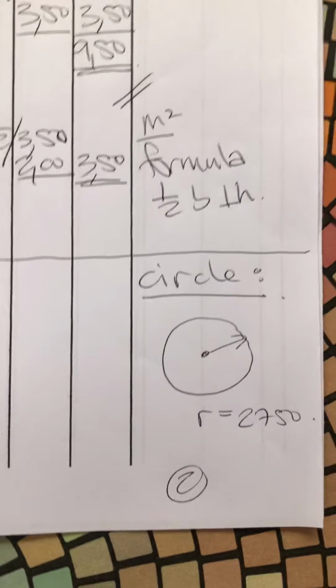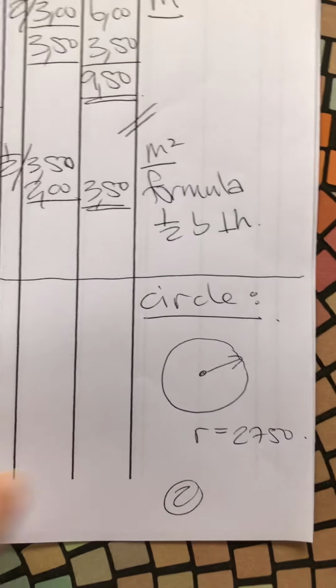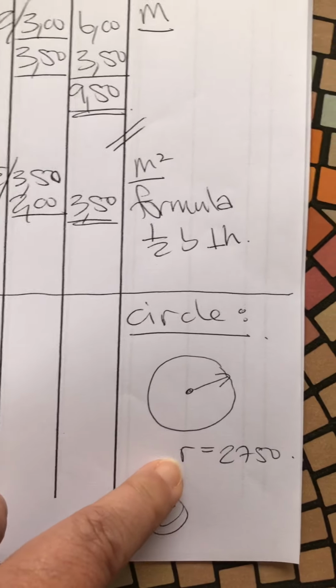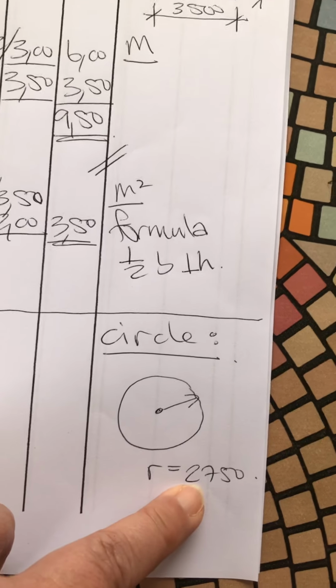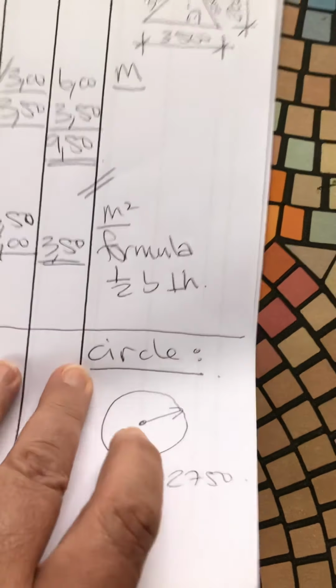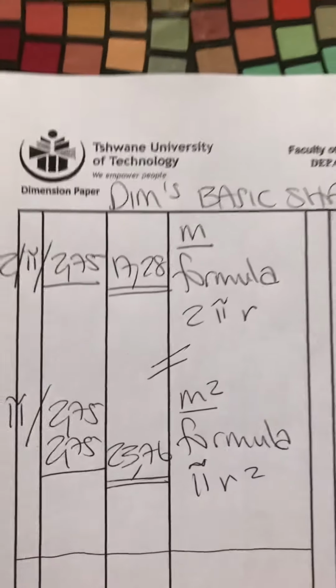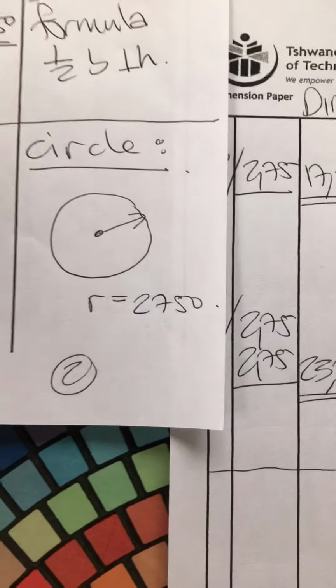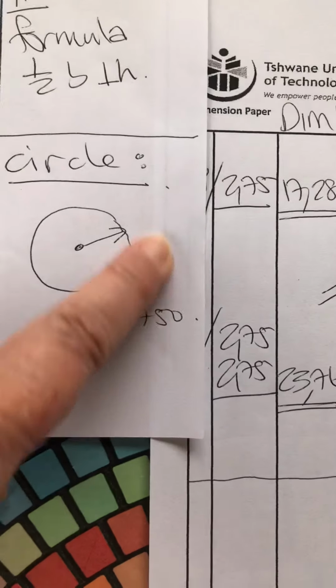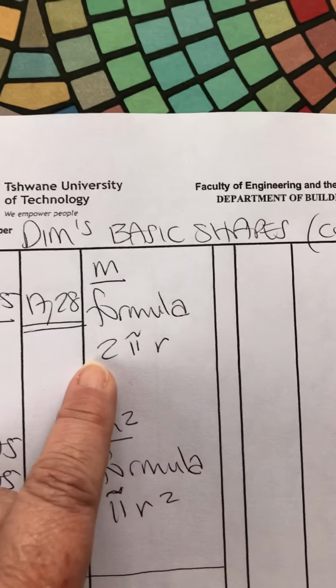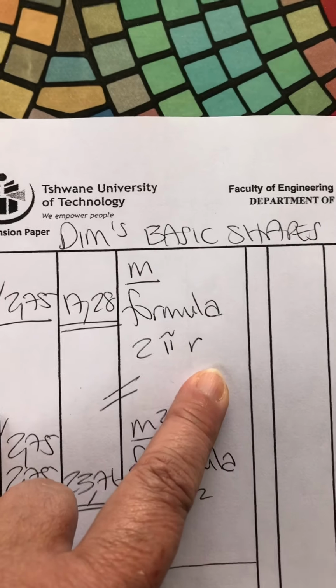Then we continue onto a circle, and let's say this circle's radius equals 2750. If I wanted to get the length around my circle, my formula for that will be 2 pi r.